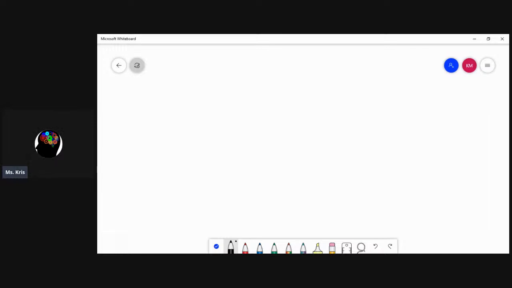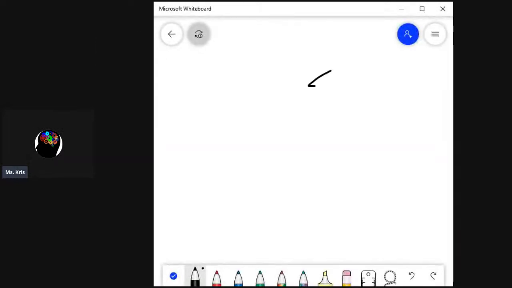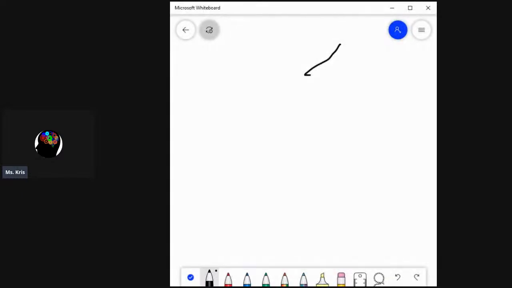Now, we have been talking a lot about intersecting and perpendicular lines. What I want to now focus on are the parallel lines.